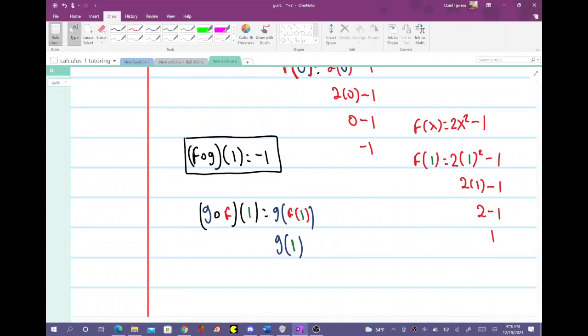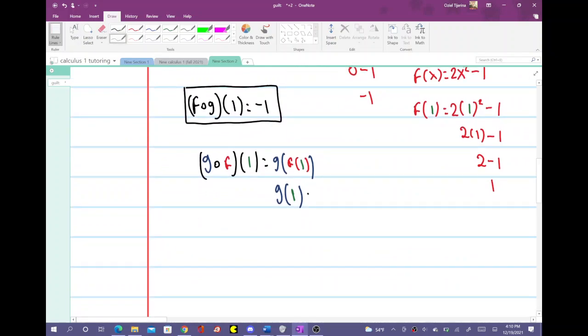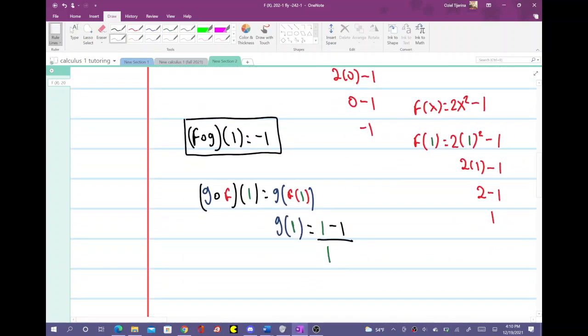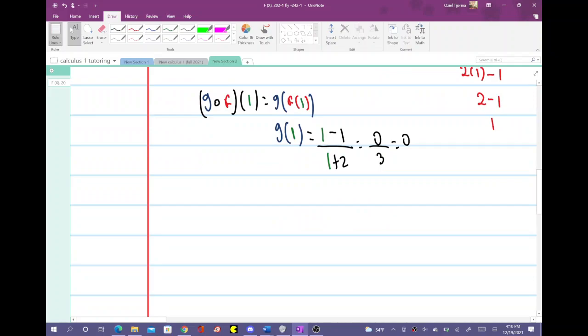So g of 1 is 1 minus 1 over 1 plus 2, right? This is 0 over 3, which is 0. So g of 1 is 0. So that means that g composed with f of 1 is 0.